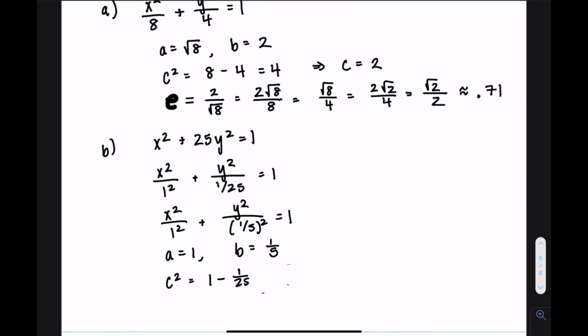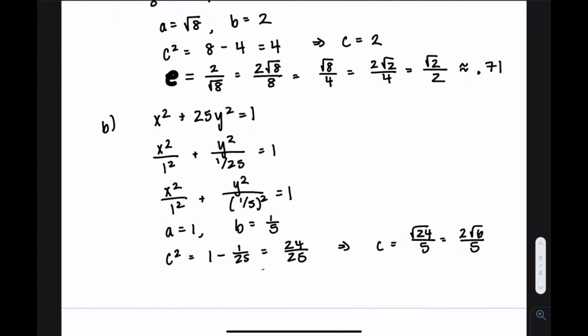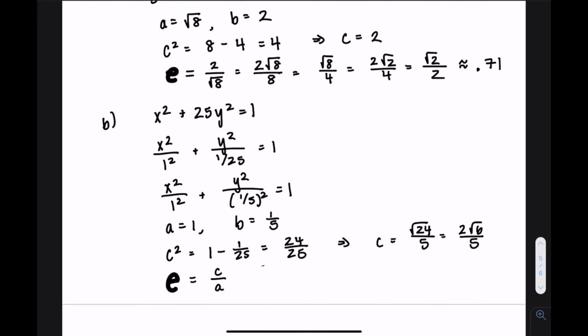So c squared is 1 minus 1 over 25, or 24 over 25. So your value of c is going to be this, which if you rationalize is 2 root 6 over 5. So your eccentricity is c over a. So it's 2 root 6 over 5 over 1, which is just itself, and that's about 0.98. So you would see this is a very flat ellipse.